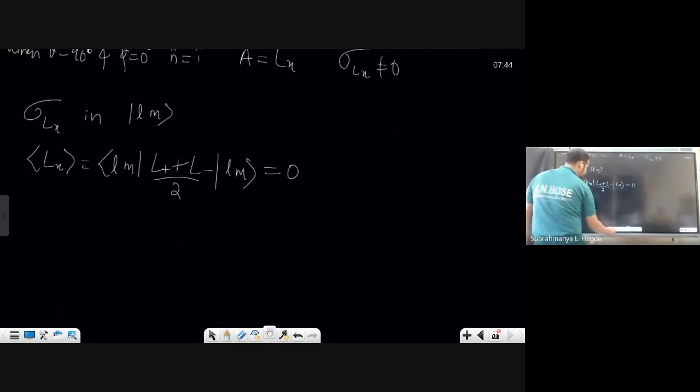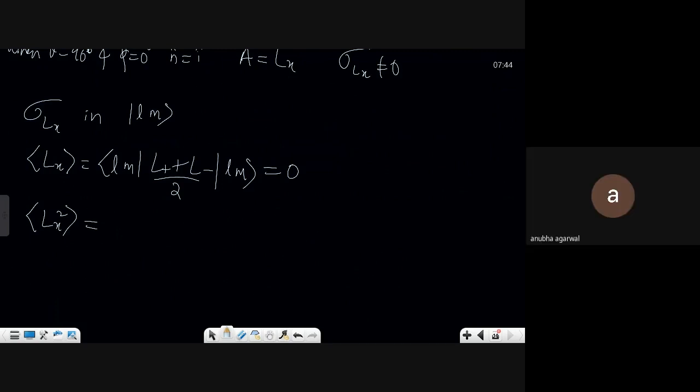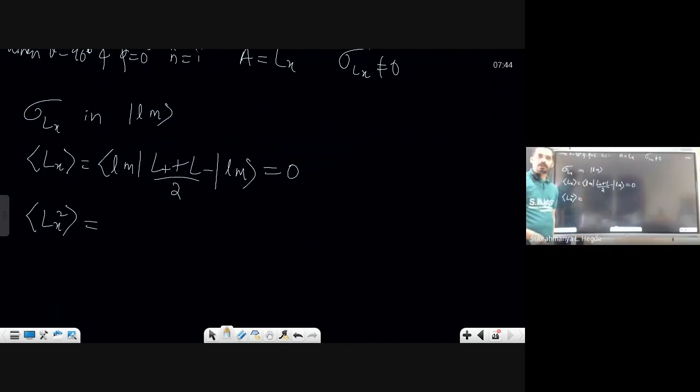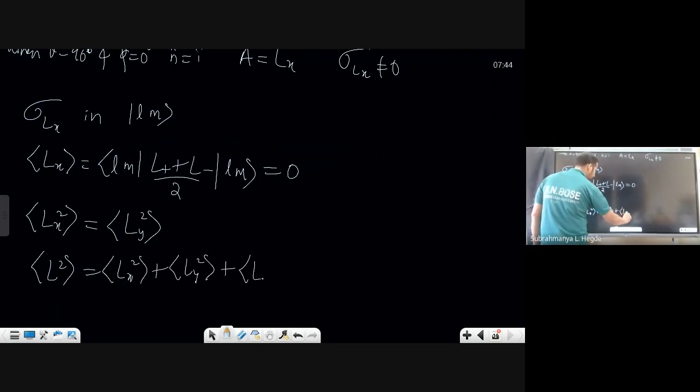While finding the expectation of Lx square, I gave one idea: don't do it using operators, as it will be a bit time consuming. The idea is that expectation Lx square is equal to expectation Ly square. You need to remember this one. Now, expectation L square, you know, is equal to expectation Lx square plus expectation Ly square plus expectation Lz square.